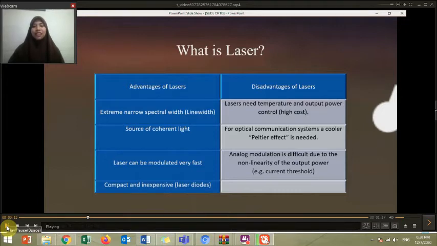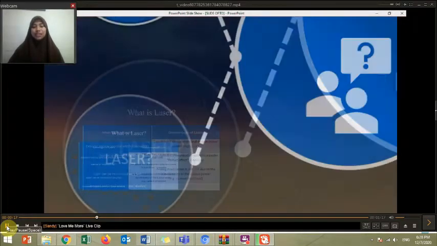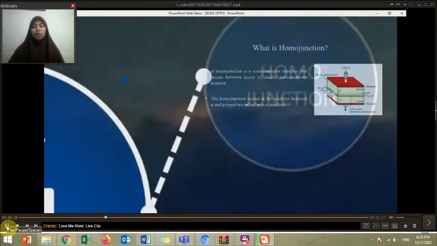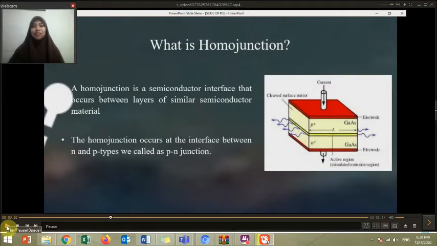Next we can see the homojunction. For the definition, a homojunction is a semiconductor interface that occurs between layers of similar semiconductor material. So the highlight here is the layers of similar semiconductor material. In the picture here we can see the P-type and the N-type, and the semiconductor material used is the same, which is gallium arsenide.